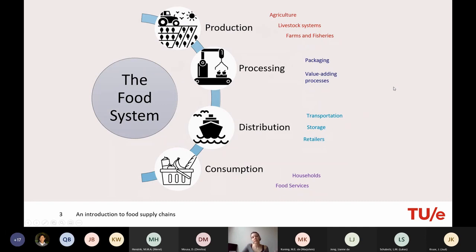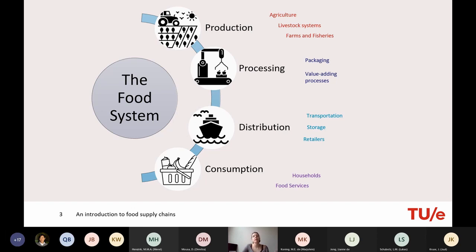There are different aspects that are involved in the system. So we have production activities, processing activities, distribution activities, and then, of course, consumption. Production mostly relates to agriculture, but there are also livestock systems, farms and fisheries.